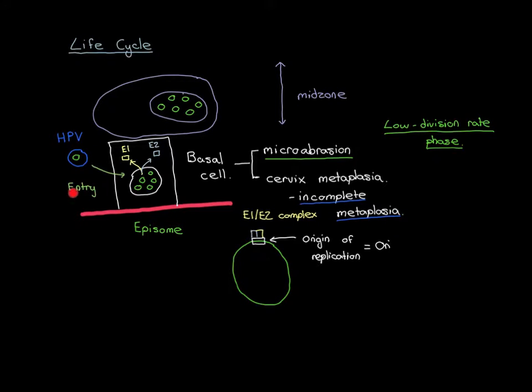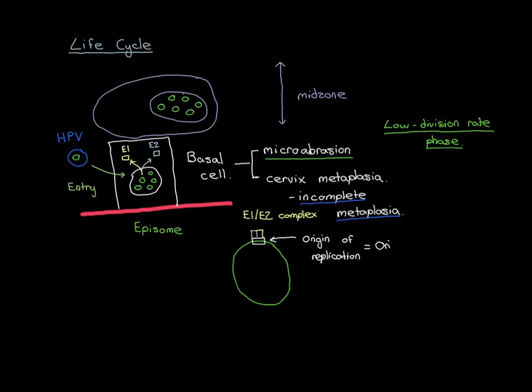We discussed the fact that the entry of the virus is not well understood at all. We know it takes a very, very long time, and we'll come back to the significance of that later on. But we don't know very much about how it gets in at all. So we drew an arrow from the virus to the genome getting into the nucleus. That's the next stage that we moved on to.